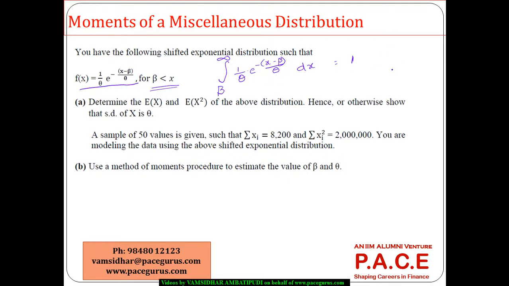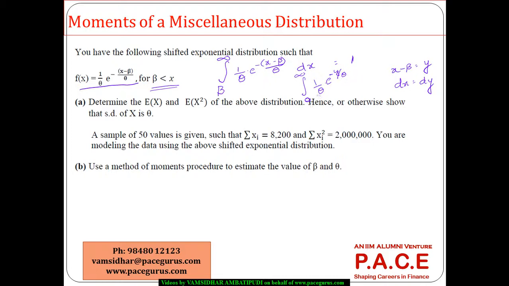In other words, when I assume that x minus beta equal to y, dx equals dy, and changing the limits, beta minus beta will be 0, and infinity minus beta is still infinity.